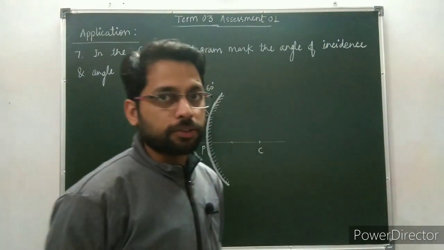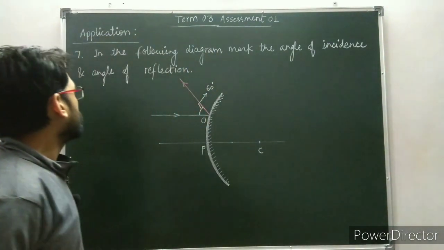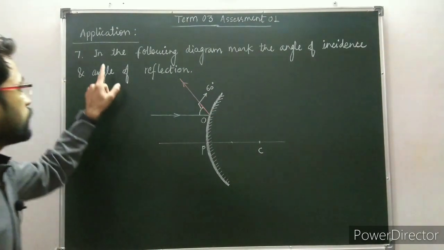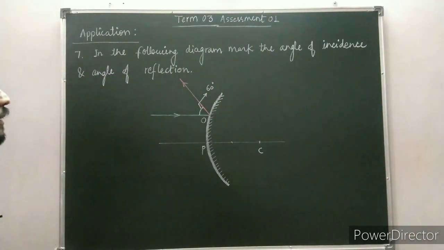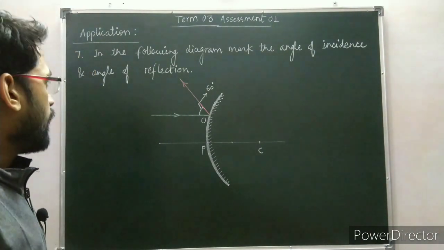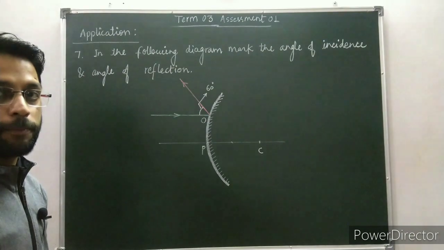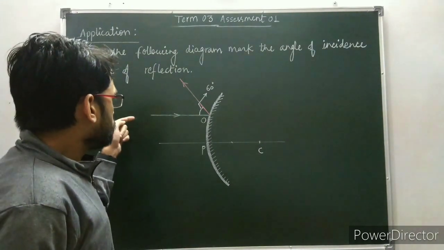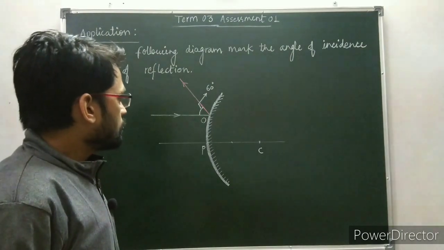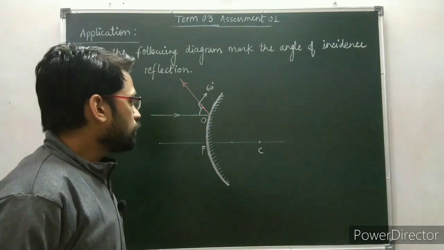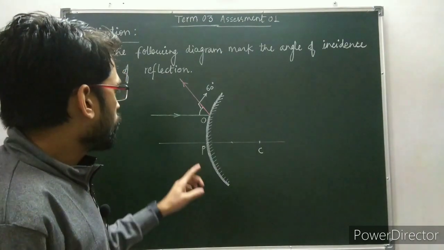Now come to the next question, that is question number 7 from the application part, and the question is, in the following diagram mark the angle of incidence and angle of reflection. Okay, in the diagram a ray is reflected from the reflecting surface of a convex mirror.